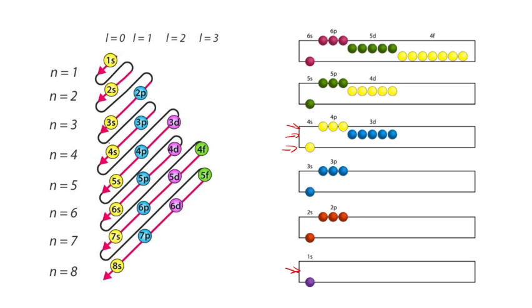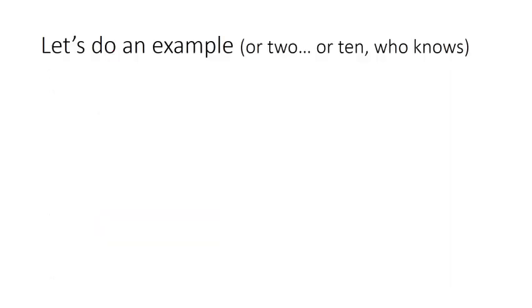You can follow the line over here on the right. It's like some sort of crazy board game. But those are various ways that you can represent how these things fill. However, if you just take a look at your periodic table, electrons fill from left to right, top to bottom. That's all there is.